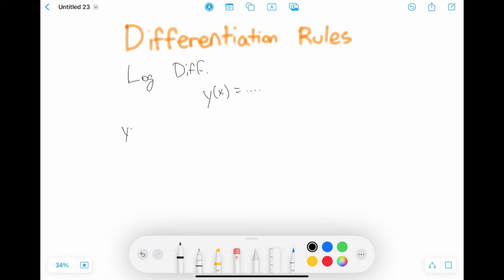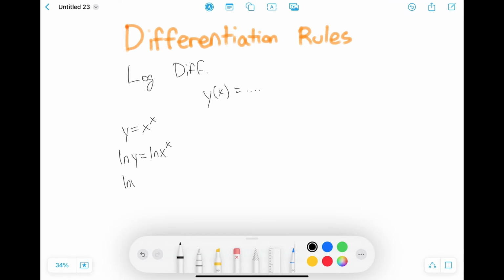So for instance, let's let y equal x to the x, right? Now with all our rules, we don't really have any easy way to do this with chain rule or the exponential rules or anything. So what we're going to do is let's take the ln of each side. So if y is equal to x to the x, then ln of y is also equal to ln of x to the x.